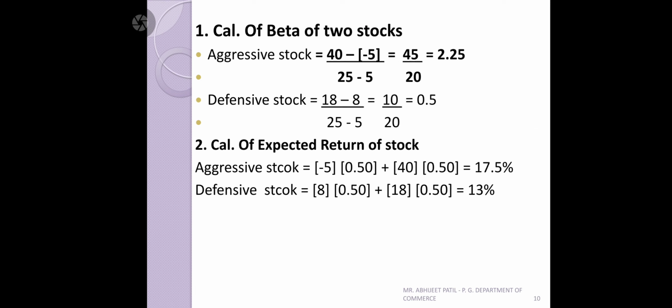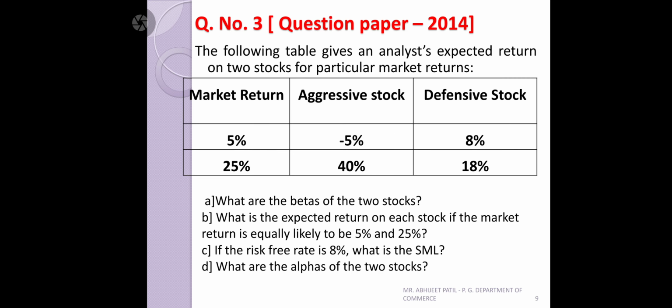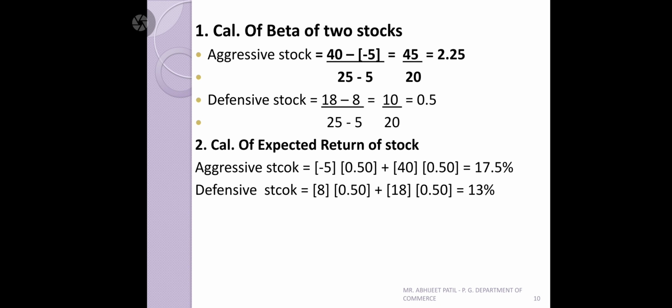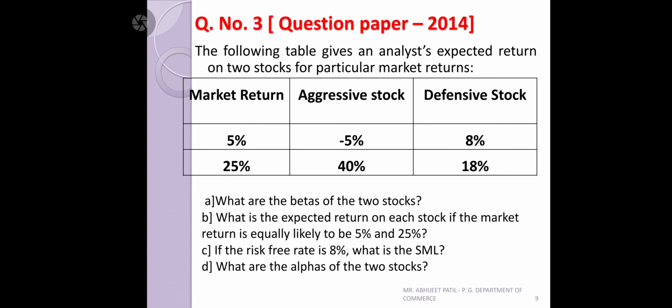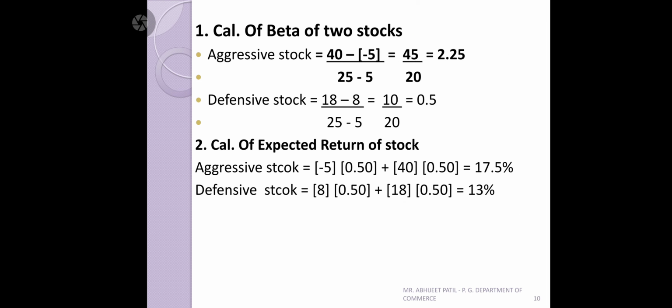See, 40 minus 5. Minus 5 I have taken because it is negative 5. So 40 minus 5 comes to 45, and 25 minus 5, second minus first, becomes 20. So the aggressive stock beta is 2.25.